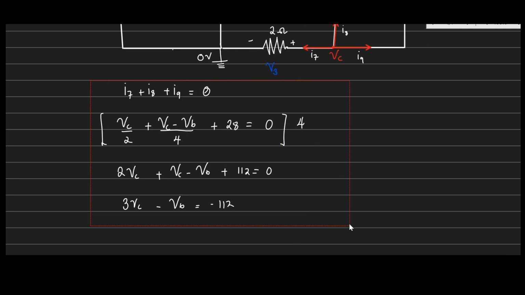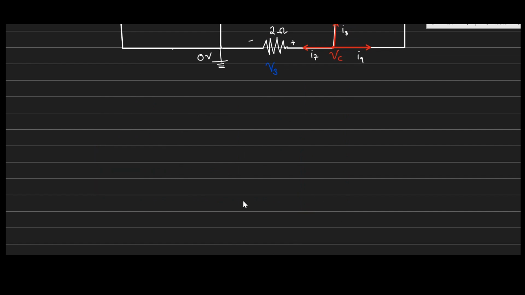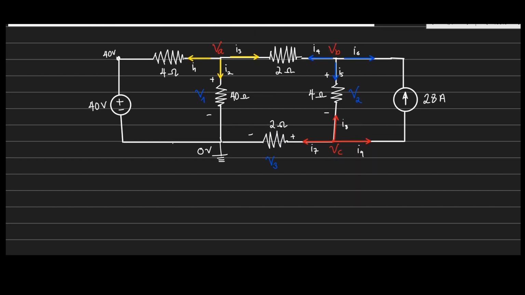It's asking us to find V1, V2, and V3, isn't it? Okay, so how do we find V1 now? V1 has to be related to these other voltages, right? V1, as you can see, is the voltage across the 40 ohm resistor. So V1 can be calculated as the difference between these two points.